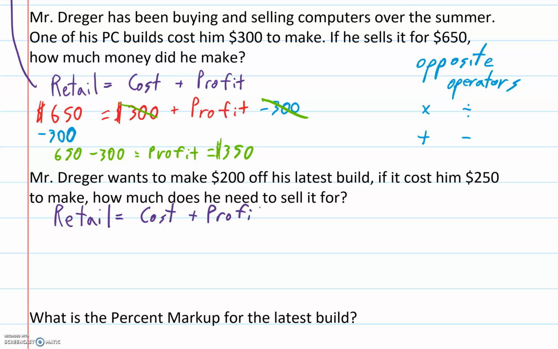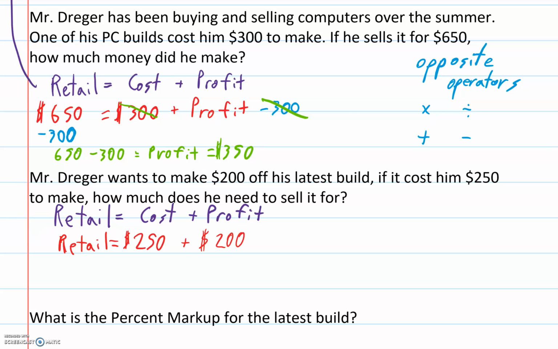Awesome. So when we write in our numbers. Well, how much does it need to sell it for? That's the unknown in this case. So we don't know how much I have to sell it for. The cost is $250. And I want to make $200.